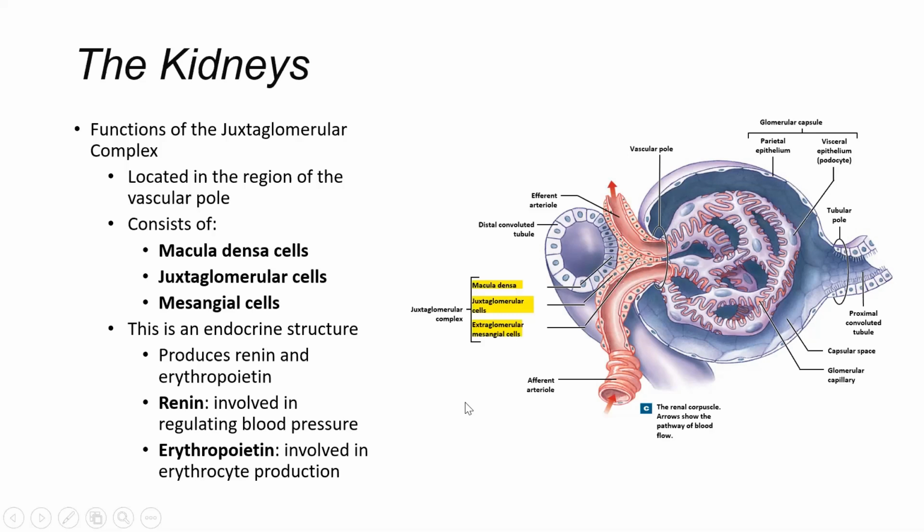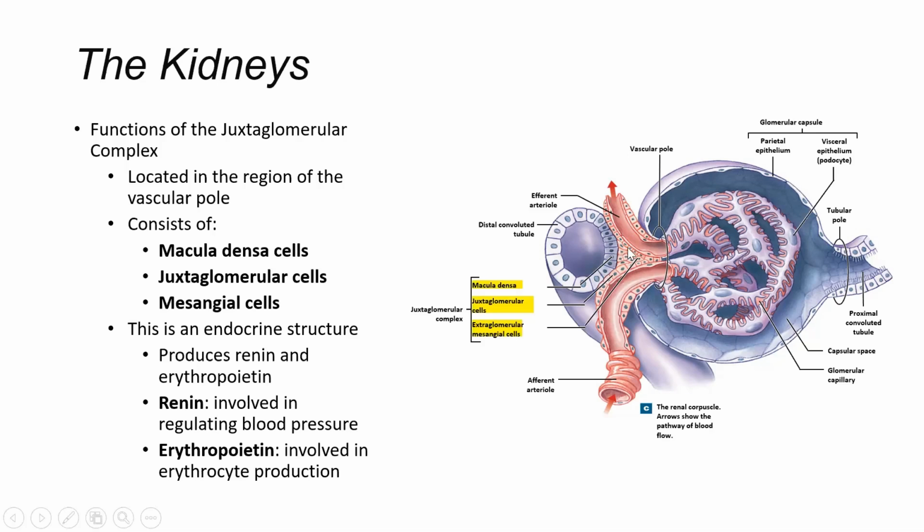Then there are the extraglomerular mesangial cells. These are not a part of the glomerulus itself, hence the term extraglomerular, but they're actually in between. The arrows here may be difficult to appreciate, but they're in between the afferent and efferent arteriole, nested in the center of these 3 structures.